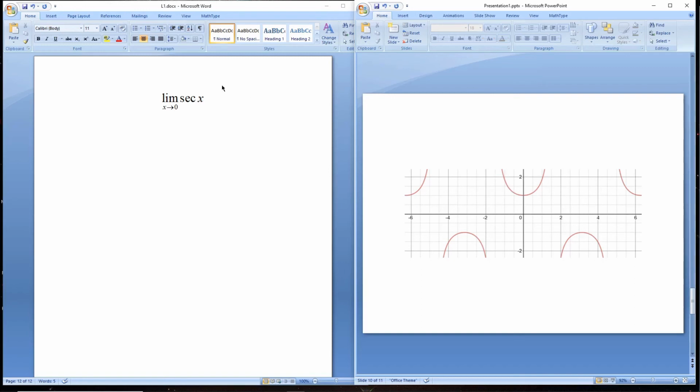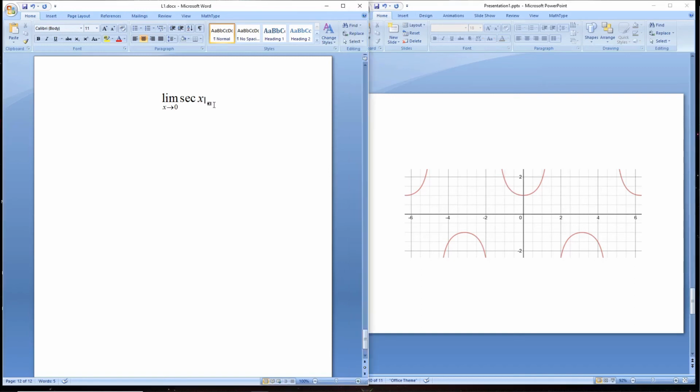So the question you need to answer then is, x equals 0. Is x equals 0 on a solid line, or is it not? And if we look at x equals 0, we'll see it's right here, and it is on a solid line, which means its limit will exist.